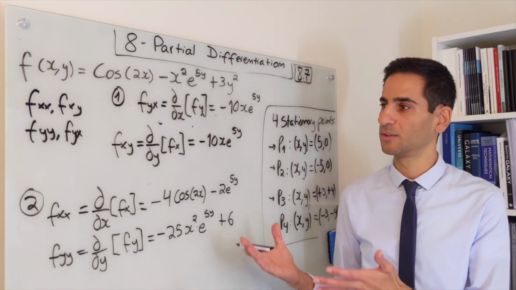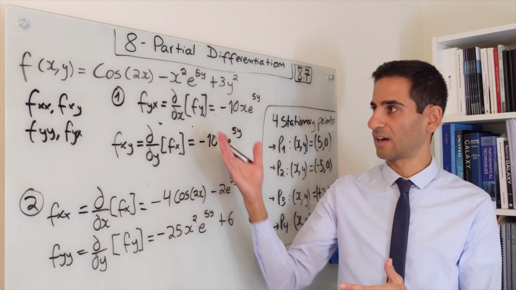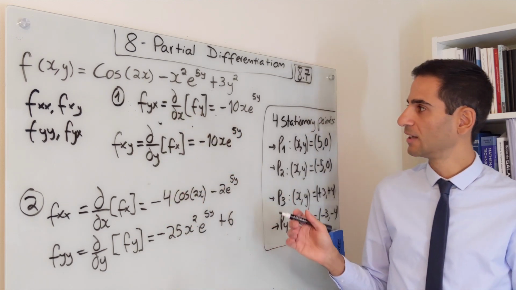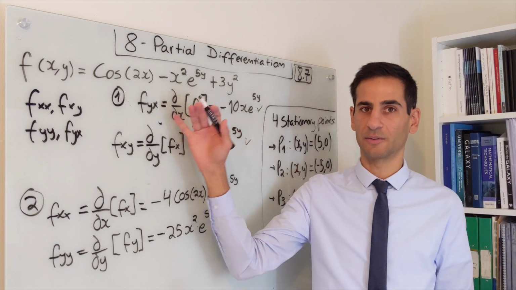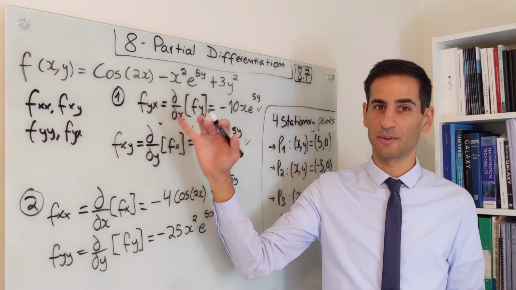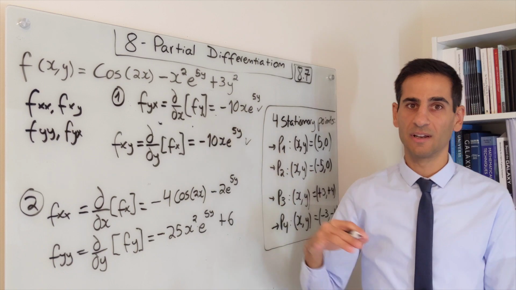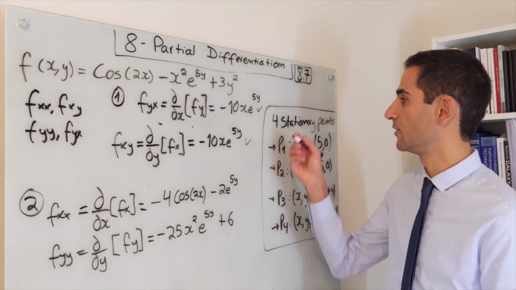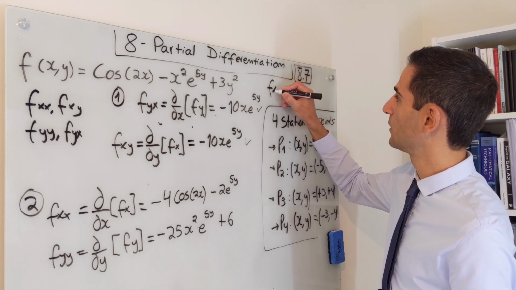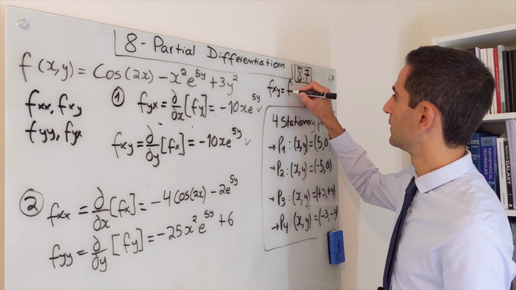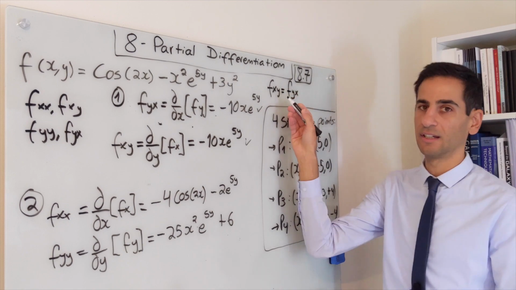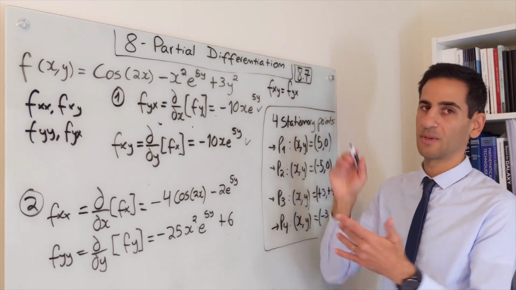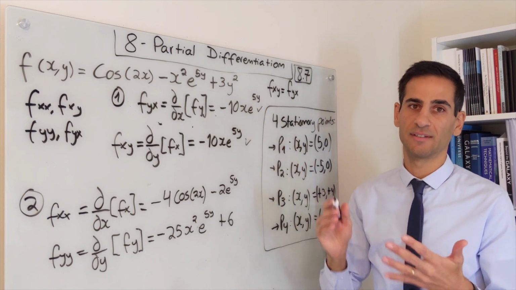And this would conclude the problem, because we've calculated all 4 partial derivatives, and we've even noticed that the cross-term second order partial derivatives are the same, as they are for most functions. As I've already pointed out in a previous video, for most functions we will find that if you've calculated first the partial derivative in respect to x and then y, or first y and then x, you will get the same answer.